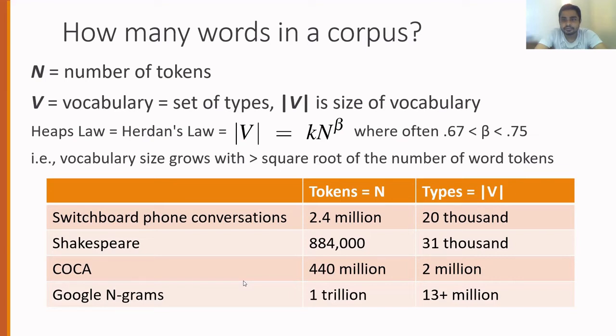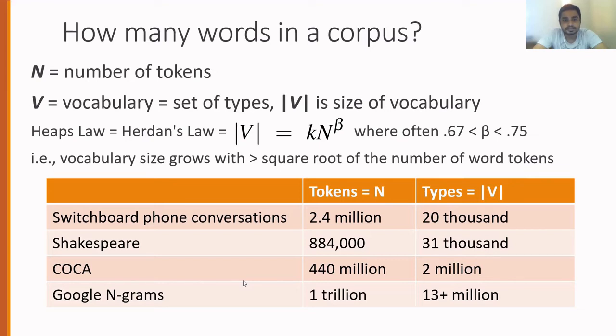Here are the numbers of some common corpora. The Switchboard corpus of phone conversation has 2.4 million word tokens, and there's 20,000 word types in those 2.4 million word tokens. Shakespeare has just under a million word tokens.